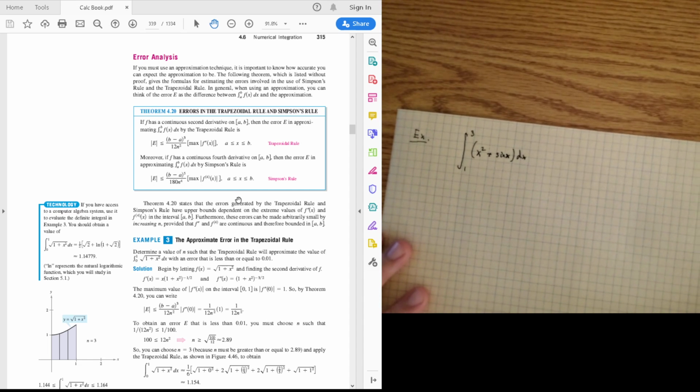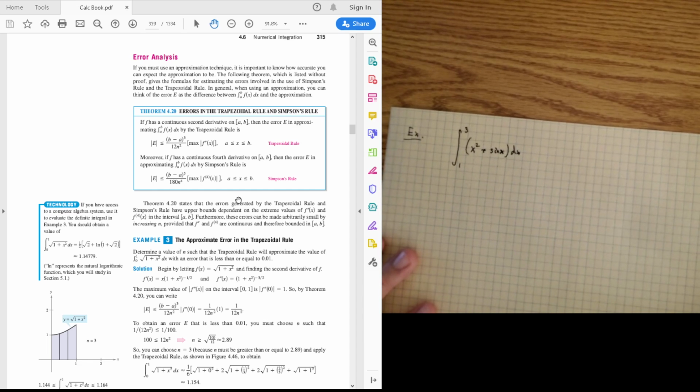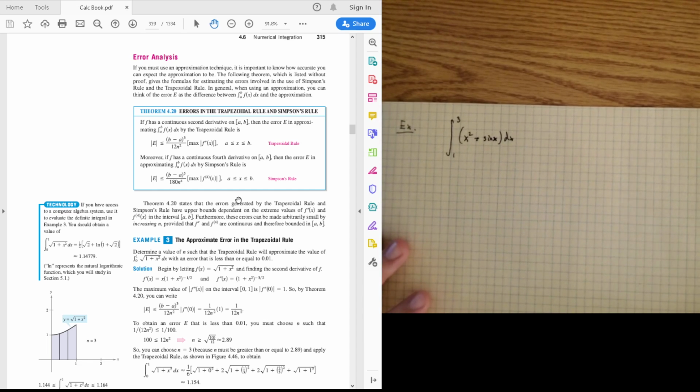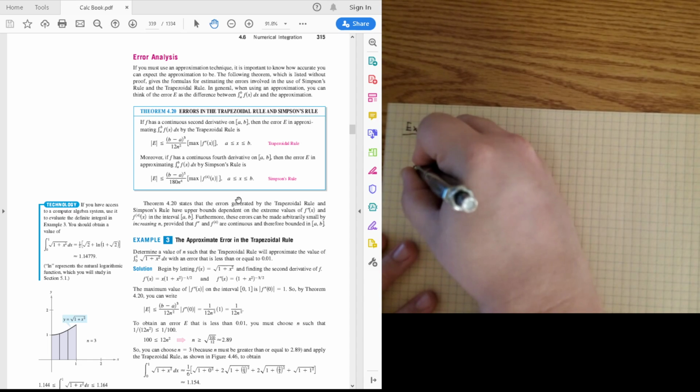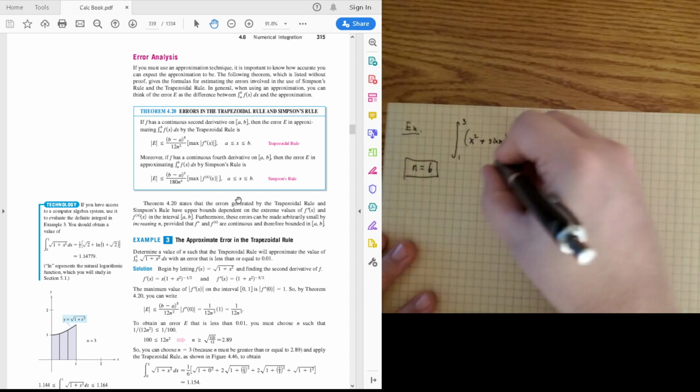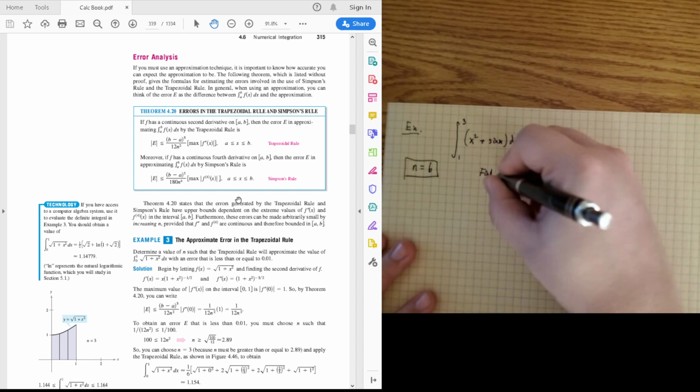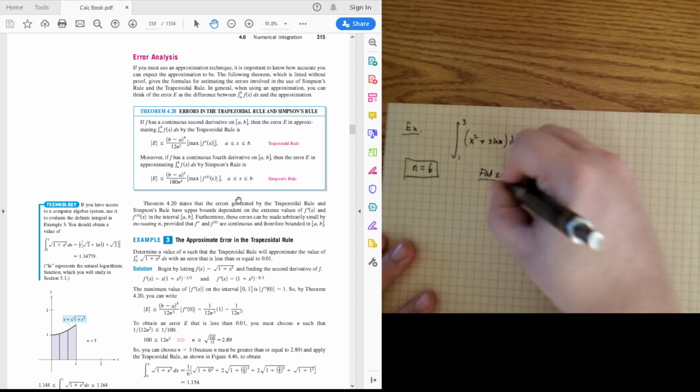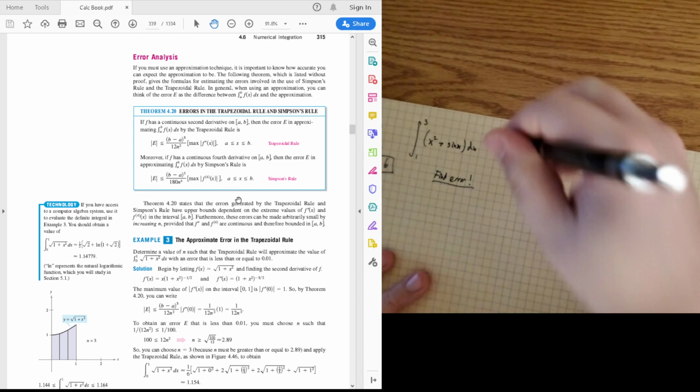You might ask the question, what's the error going to be if I'm using Simpson's rule or if I'm using the trapezoidal rule? In this case, we're going to use the same n. Let's do n is 6. We're going to find the error of each one of these, which there are a few homework problems that ask you to do. So let's do it, starting with the trapezoidal rule.